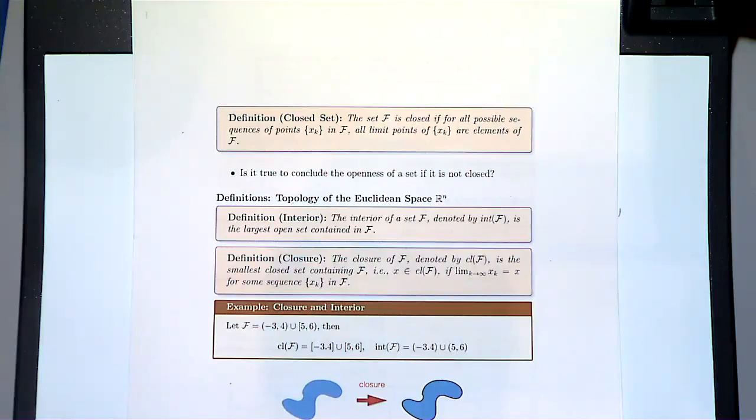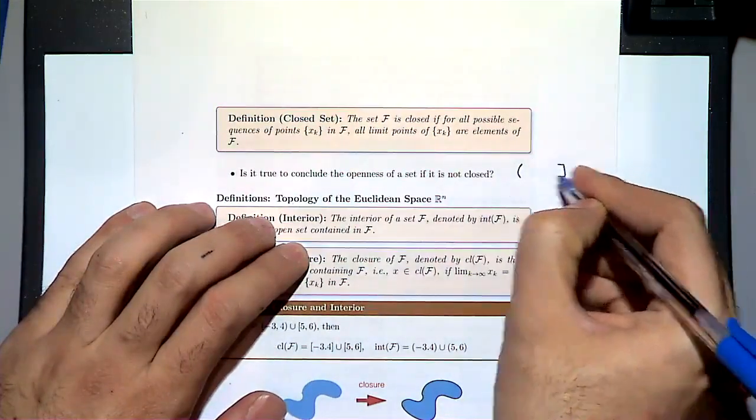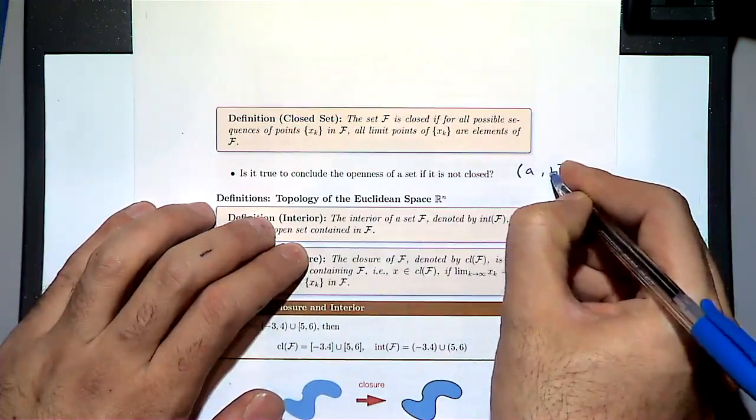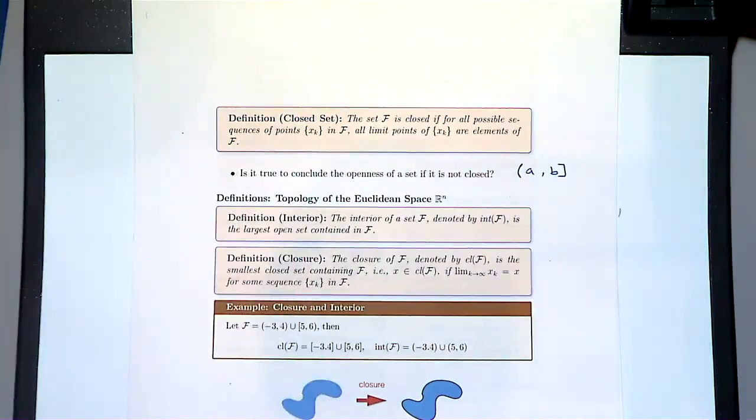Let's think about an example. Imagine this set, it's an interval. Is it closed? No, it's a binary question. Is it closed or not? No. Is it open? Okay. The definition of open set was, for any element of the set, I can find a ball around it.